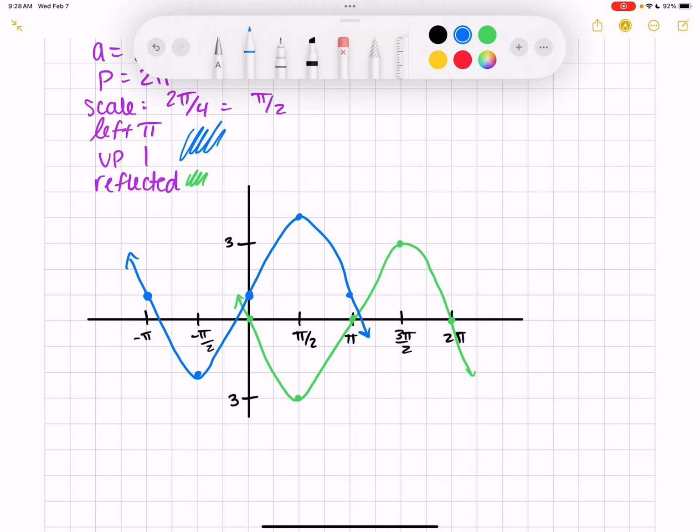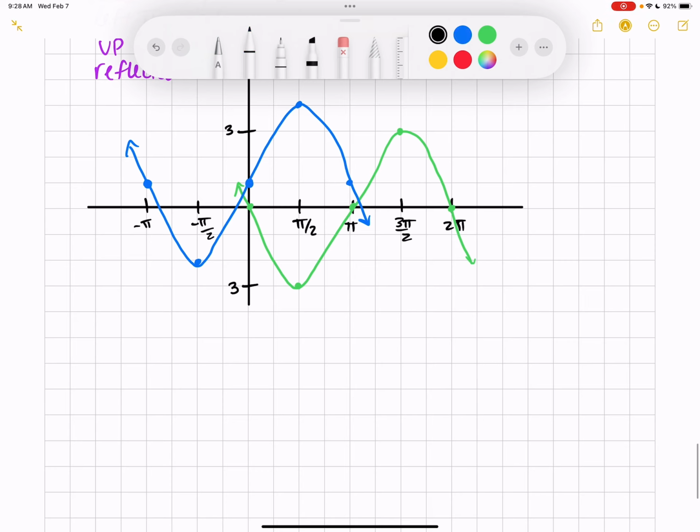At 1. So if it's reflected, where is it going to start instead? Negative 1. Okay, so just for you to be aware of that. All right, so I want you to try this one on your own, and then we'll go over it. Number 32. F of x equals negative cosine of x plus pi over 2 minus 2.